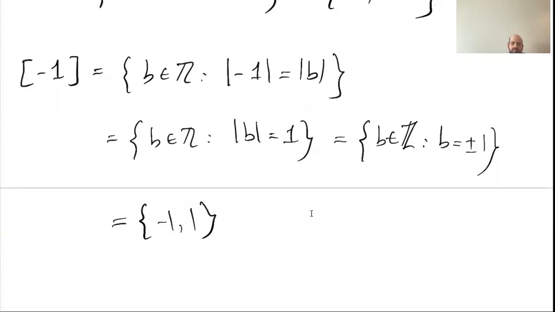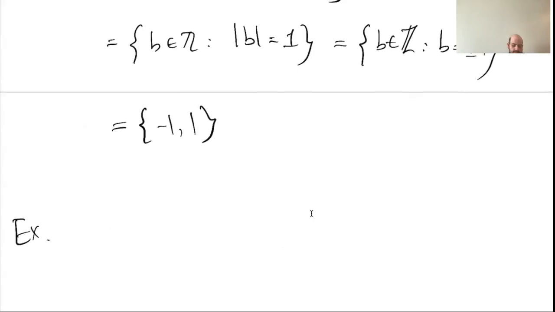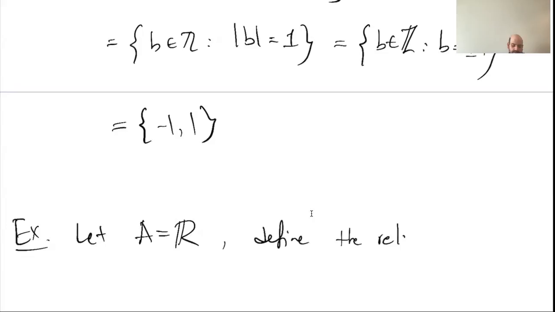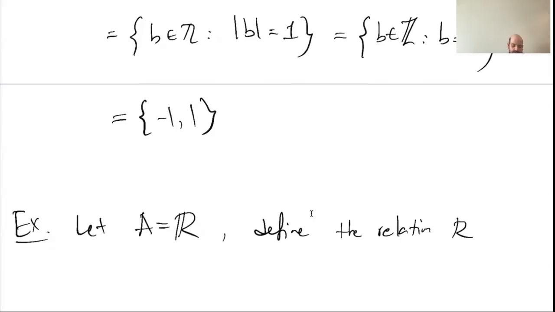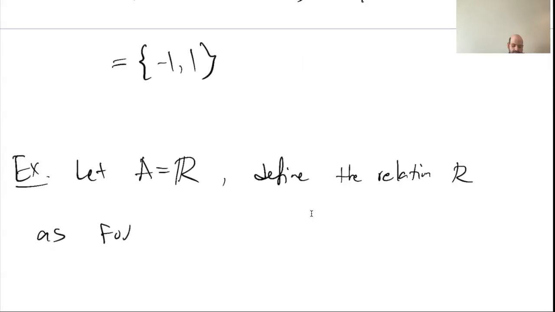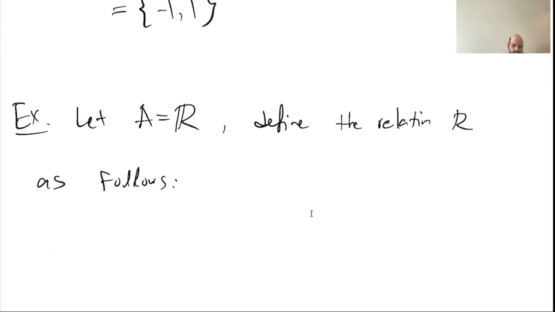Okay, so let's look at another example. Let A equal the set of all real numbers this time, and define the relation R as follows. x R y if |x - y| is less than 1.